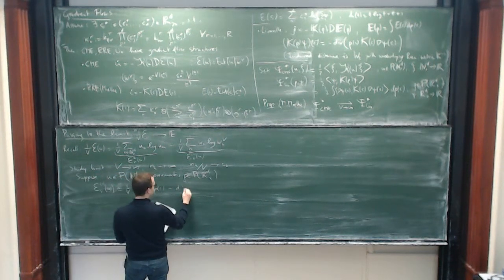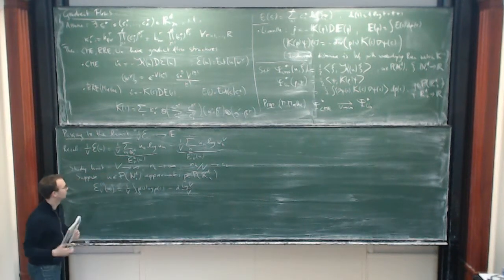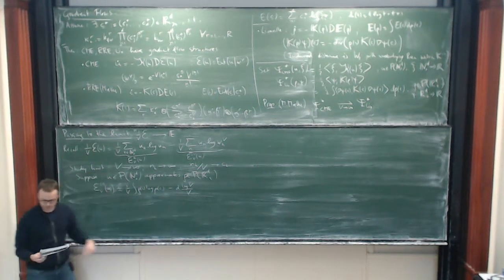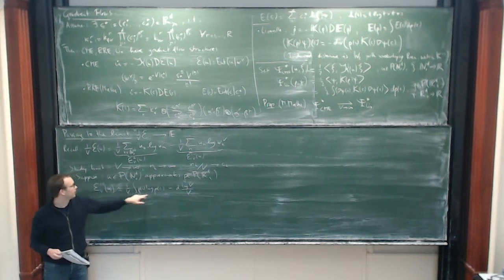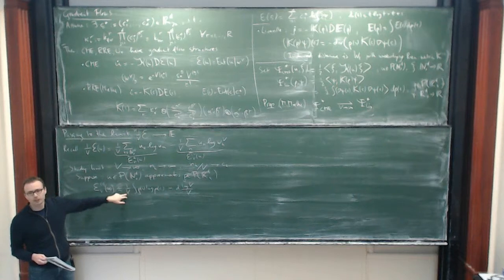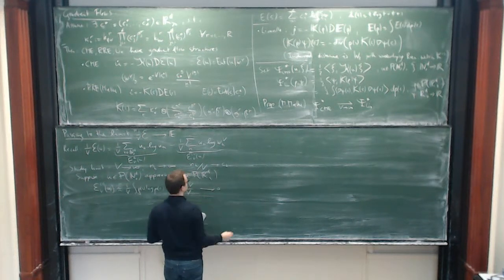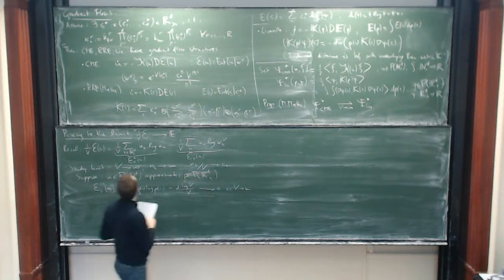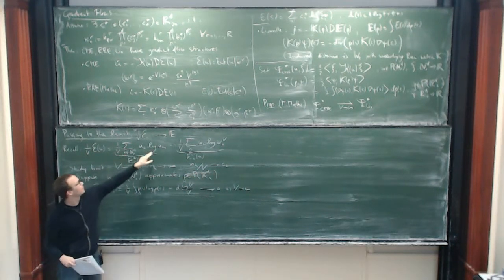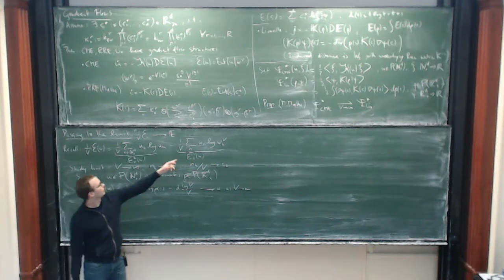This doesn't really matter, so there's the dimension times log v over v. But this is just a constant, so we don't really care about it. Well, and then you see that this is something of order 1, and we divide it by the volume, so this term will disappear in the limit. So the first term converges to 0 as v tends to infinity. Yeah, because this sum is something of order 1, and we divide by the volume. So the thing which will survive will come from the second term.